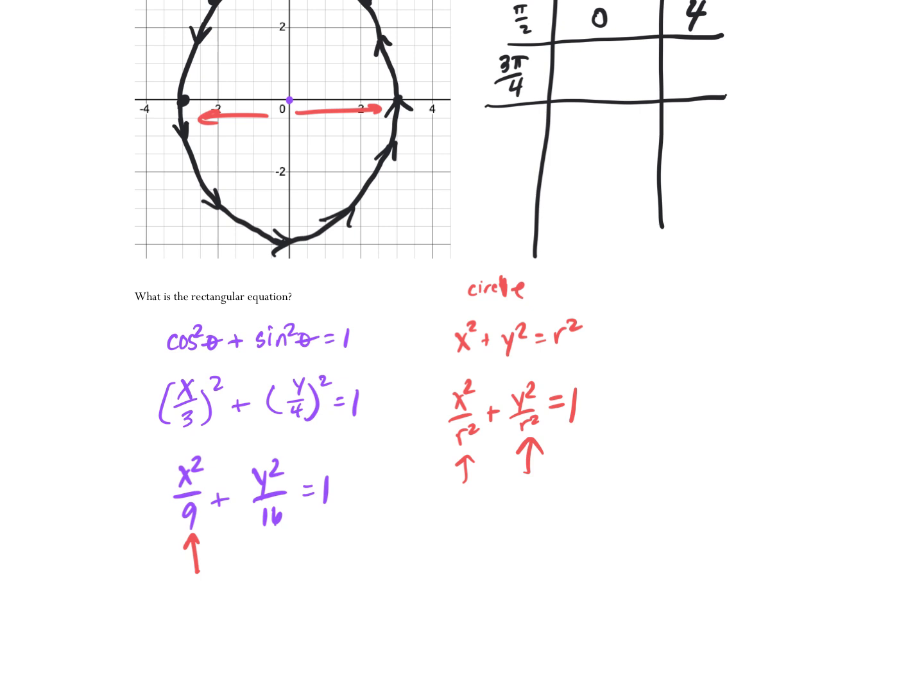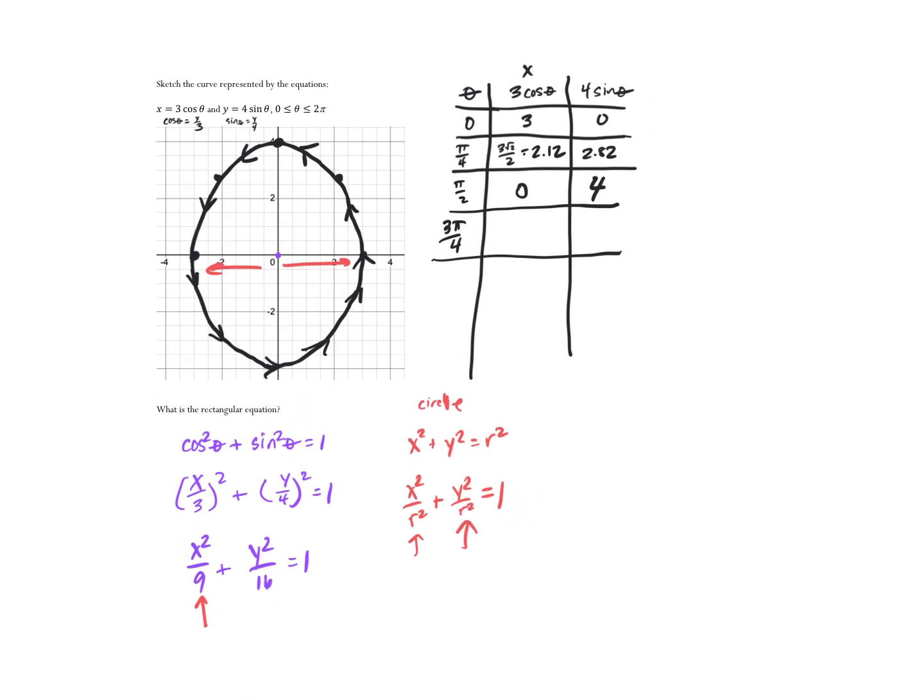Likewise, at any point, your graphing calculator can be a tool to help you graph these things, okay? So if we did x equals 3 cosine theta and y equals 4 sine theta, make sure your t-min goes from negative 2 pi to positive 2 pi.